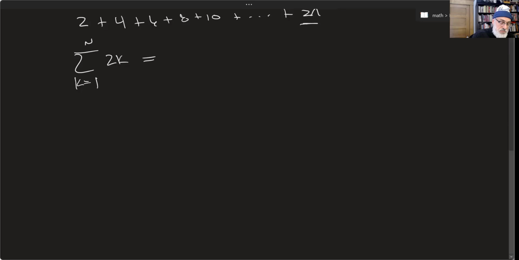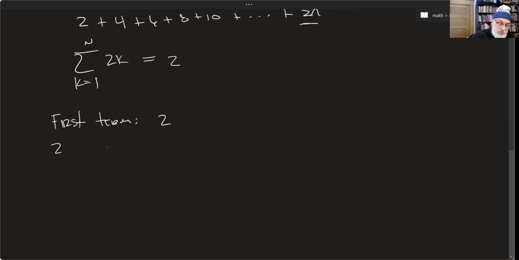If I sum the first term and only the first term, I get 2. If I sum the first 2 terms, I get 6, because 4 plus 2. Let's do this a little more methodically. If I have the summation, I sum the first term, that is just 2.